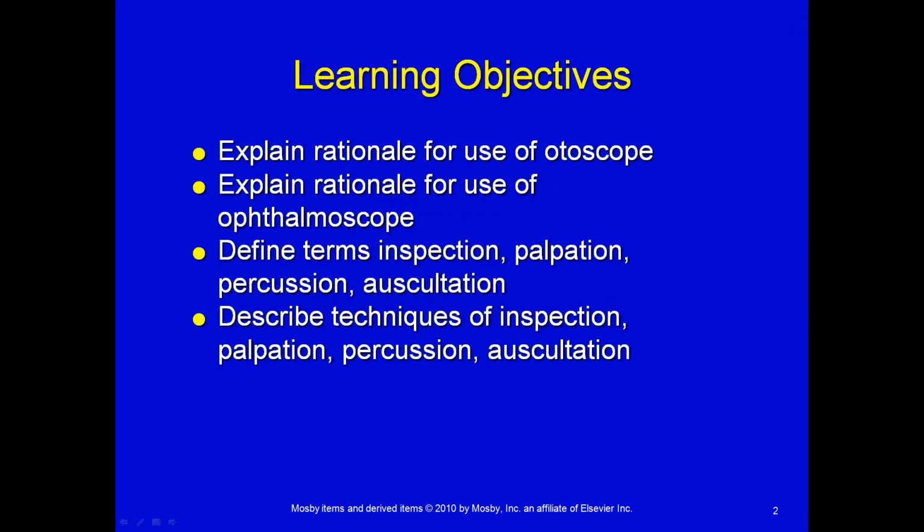Now, the exam techniques include the ability to inspect, palpate, auscultate, those sort of things. And we'll look first at inspection. Inspection is just a visual observation in order to seek physical signs that you can see. Looking at the patient for their skin color certainly is going to tell you a lot about their condition. Looking for swelling, bruising. If your patient's having trouble breathing, looking for signs of an increased work of breathing.